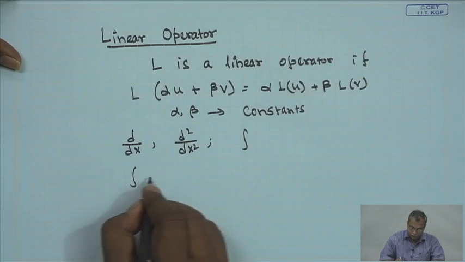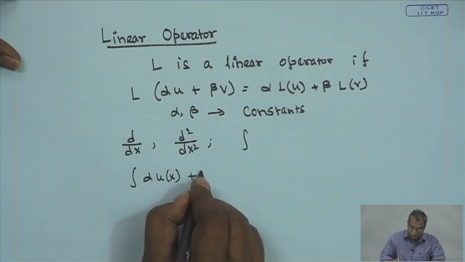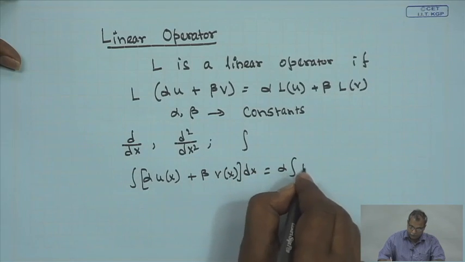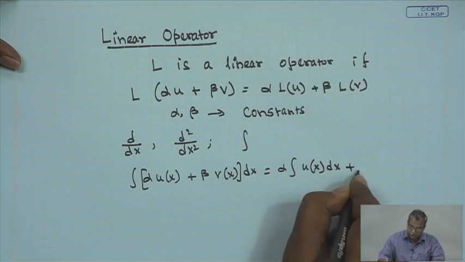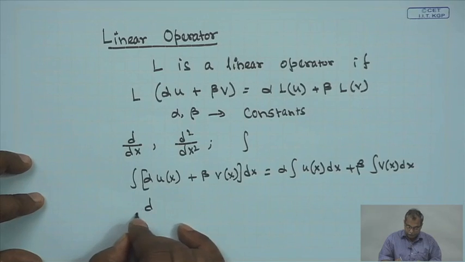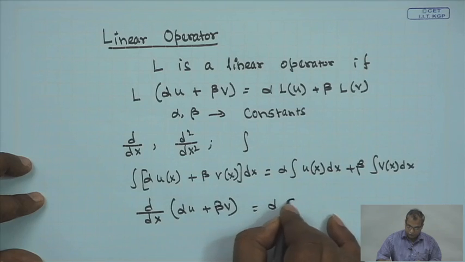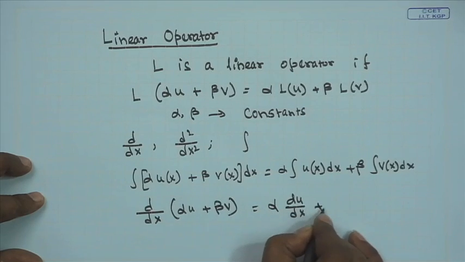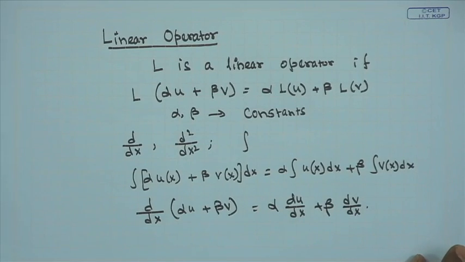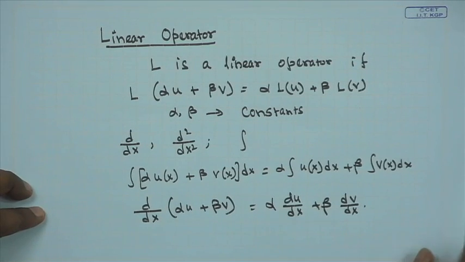For example, the integral of alpha u(x) plus beta v(x) dx is nothing but alpha integral u(x) dx plus beta integral v(x) dx. Similarly, d/dx of alpha u plus beta v is nothing but alpha du/dx plus beta dv/dx.